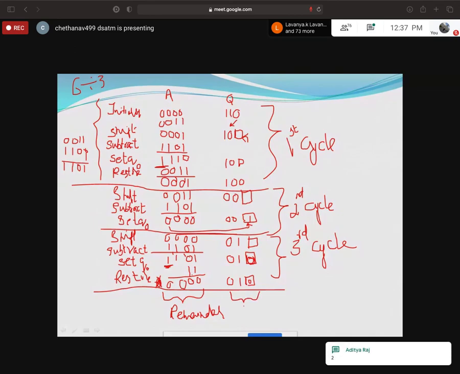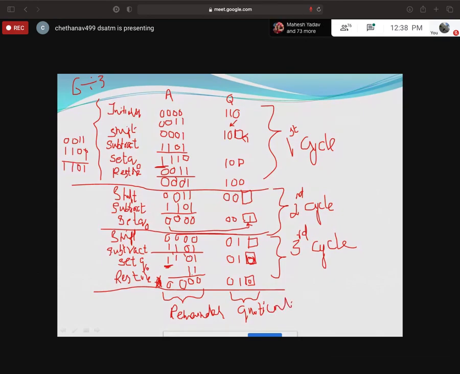Quotient is 2. 0, 1, 0 is 2. That is nothing but dividing your 6 by 3. That is nothing but 3 2s are 6. So 0 is the remainder, correct. Quotient is 2, correct.